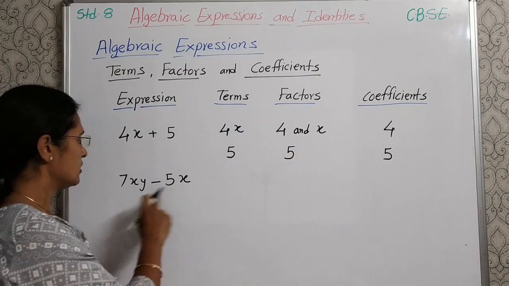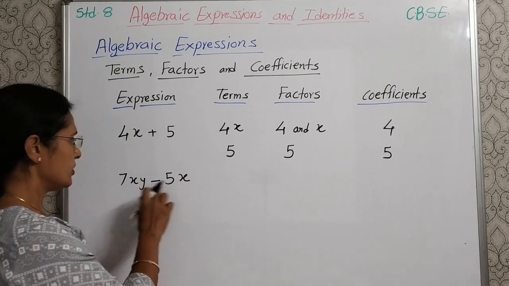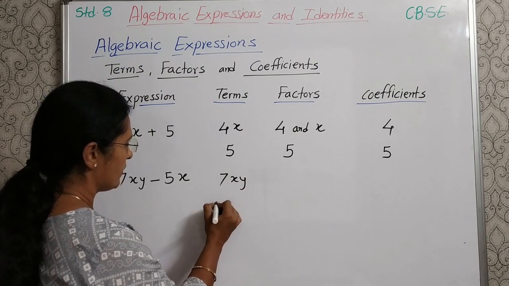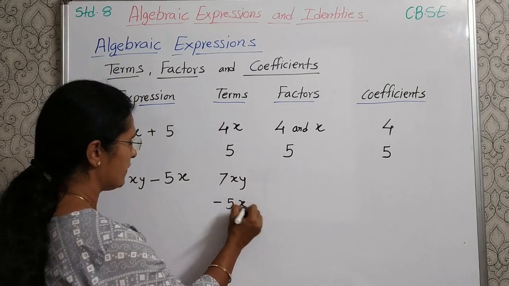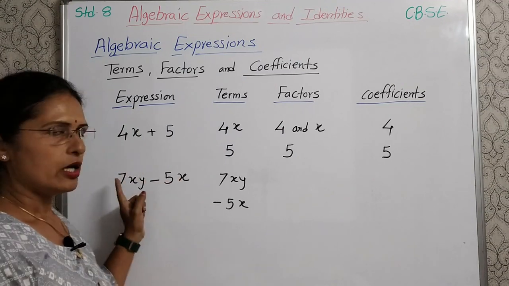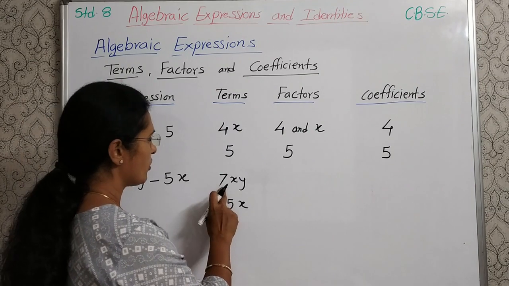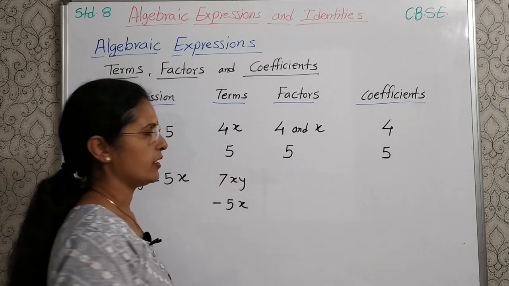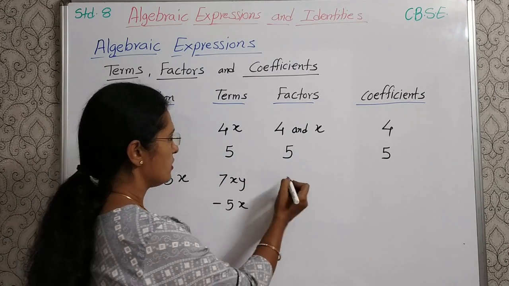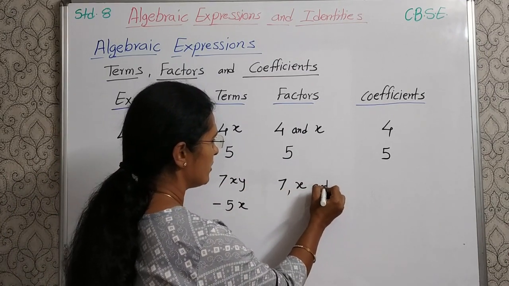Next, see another expression, 7xy minus 5x. Now here there are two terms, 7xy and minus 5x. So when these two terms are added, this algebraic expression is formed. Now for this term 7xy, what are the factors? 7xy is a product of 7, x and y.